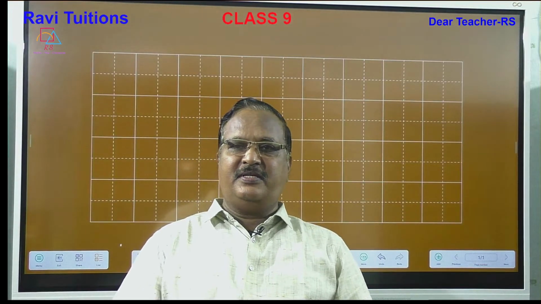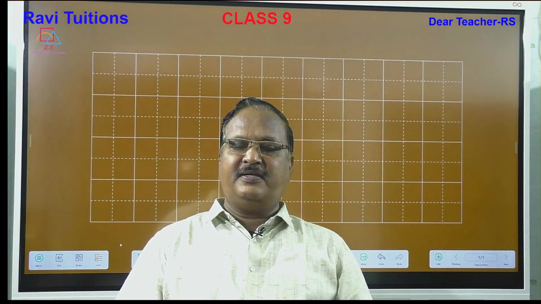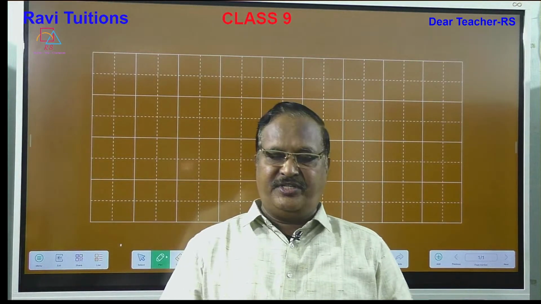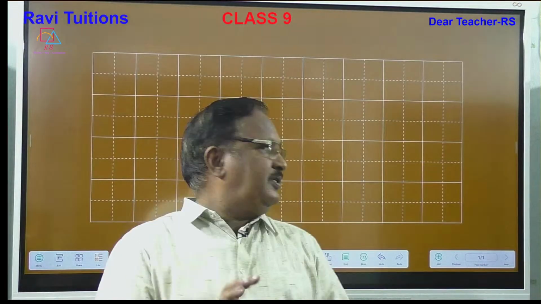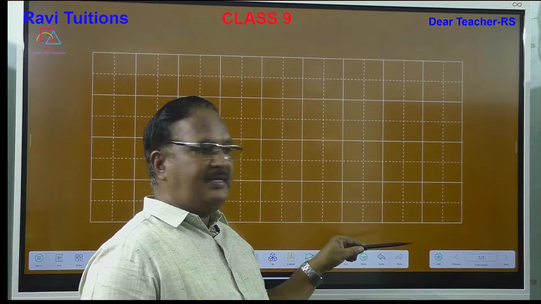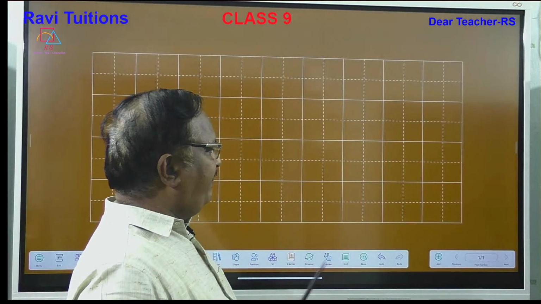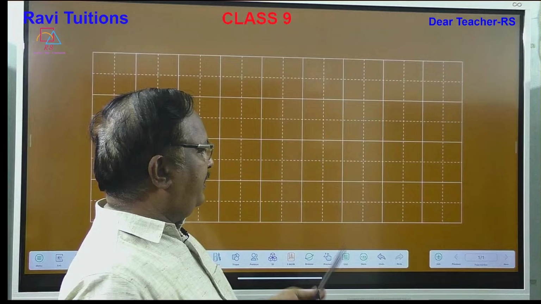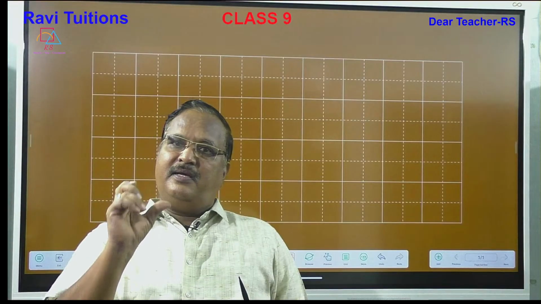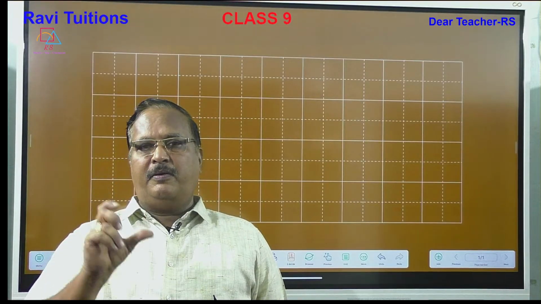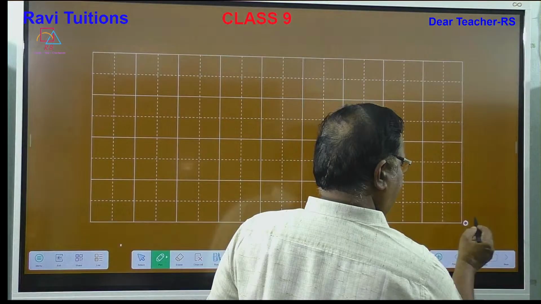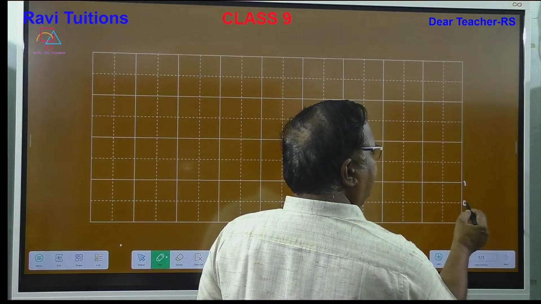Every graph sheet is a coordinate plane. First understand the graph sheet. Every graph sheet has horizontal lines and vertical lines, and between every two consecutive horizontal lines, one dotted line also will be there that gives exactly half. For example, let us say this is 0 and this is 1, and this is 0.5.